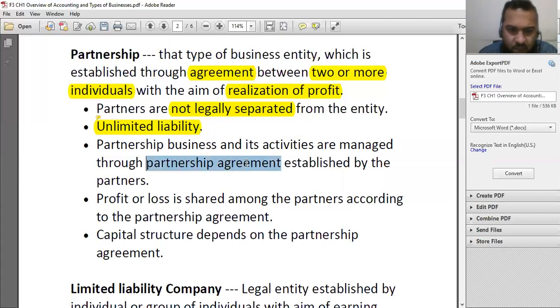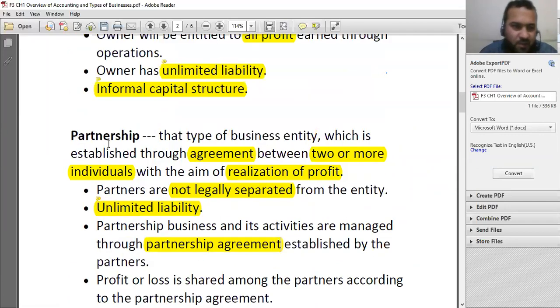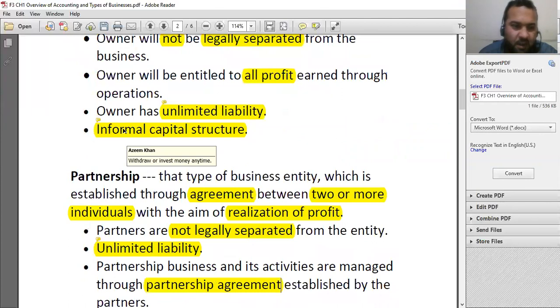As we have studied, the partnership activity will be managed through the partnership agreement. Profit and loss will be shared among the partners according to the partnership agreement. In this partnership business, the whole thing moves around the partnership agreement. If you have a partnership agreement, each and everything will be mentioned in it. Again, capital structure depends on the partnership agreement. In the sole trader, they have an informal capital structure, meaning the owner can withdraw or invest money anytime.